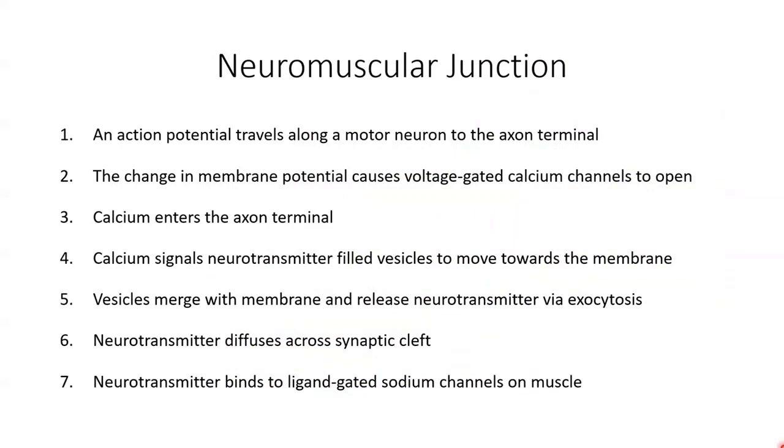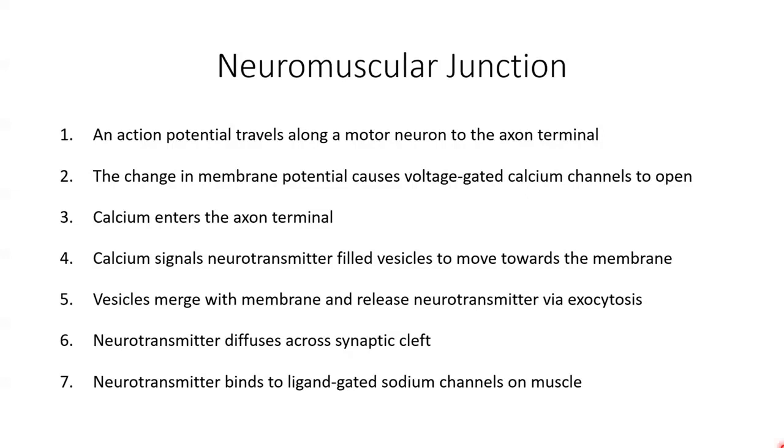So putting that into a written summary for you, an action potential travels along the motor neuron to the axon terminal. The change in membrane potential causes our voltage-gated calcium channels to open. Calcium enters the axon terminal. Calcium signals to our neurotransmitter-filled vesicles to move toward the membrane.